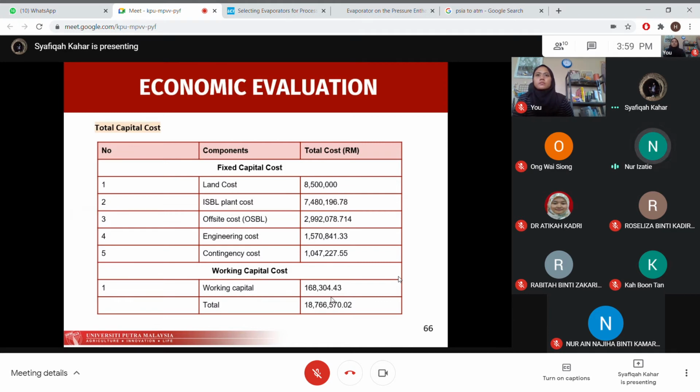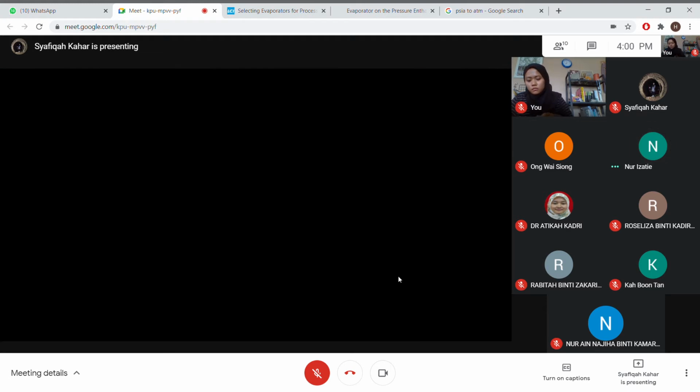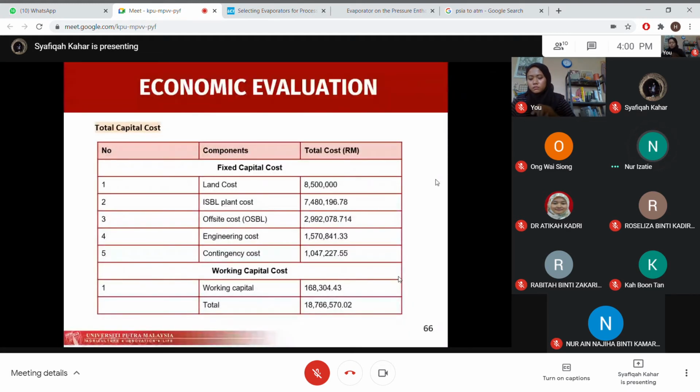This is the economic evaluation. For the total capital cost, there are fixed capital cost and working capital cost. The total capital cost is 18 million 766,517 ringgit.